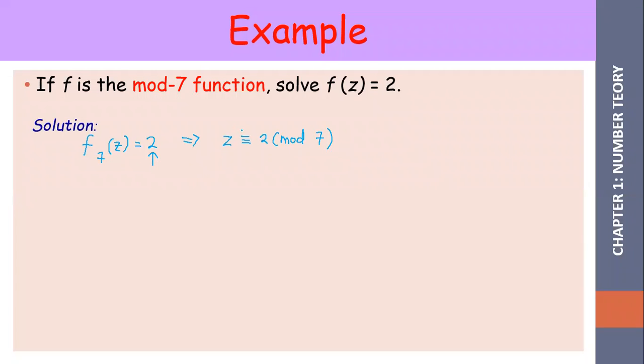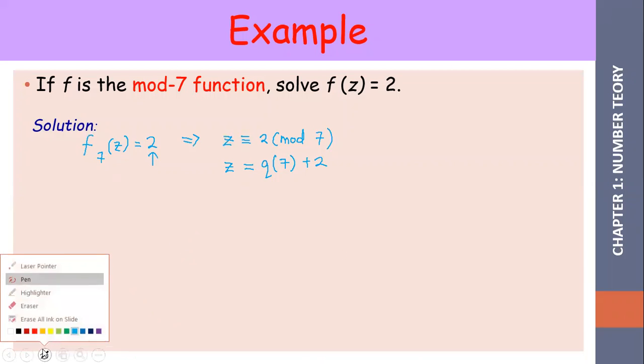So z is congruent to r mod n. If you write it in a division algorithm, z is equal to qn plus r, where n is 7. This is the division algorithm. So our z is actually your m.